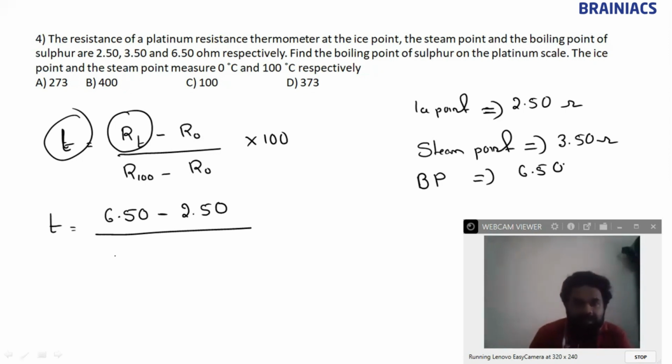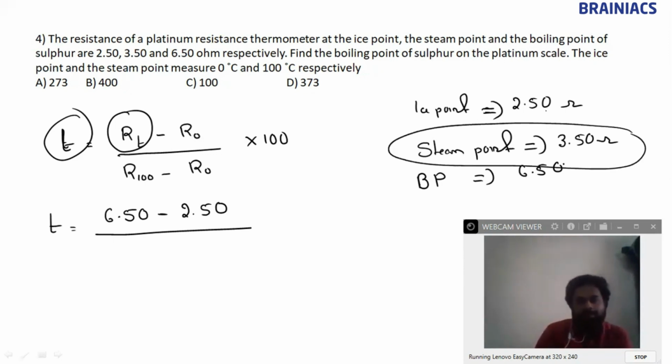Now here in this case, they have given the ice point and steam point measured at 0 degree Celsius and 100 degree Celsius. So this 100 degree Celsius we can consider as steam point. The maximum fixed point we generally take as the boiling point. In this case, they have given 100 degrees Celsius.